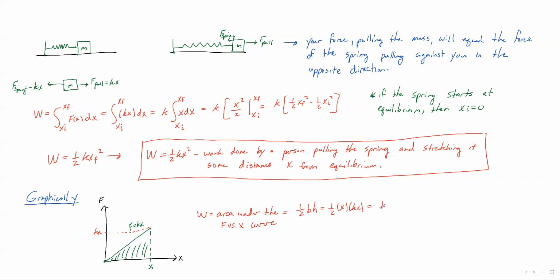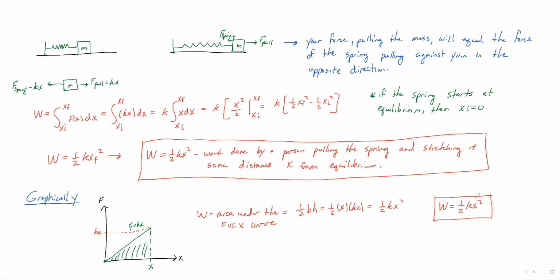Look what I get, 1/2 kx squared. So I get the same answer solving it graphically as I do integrating. So there you go, two methods, and basically that's the work that's done on a spring.